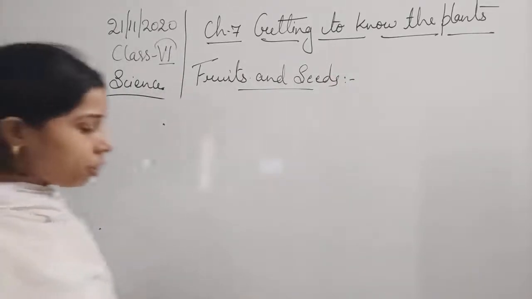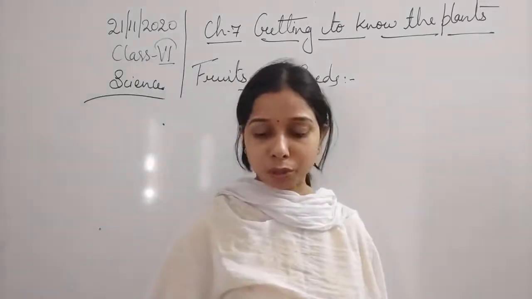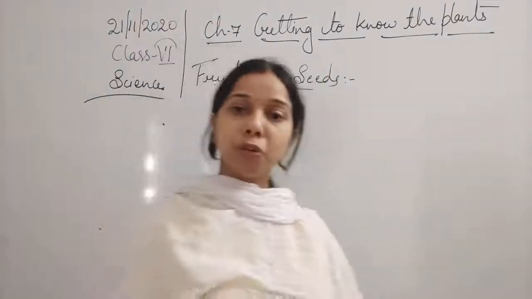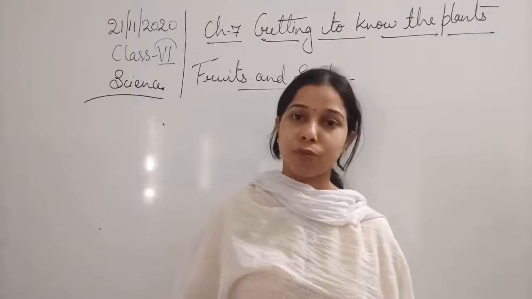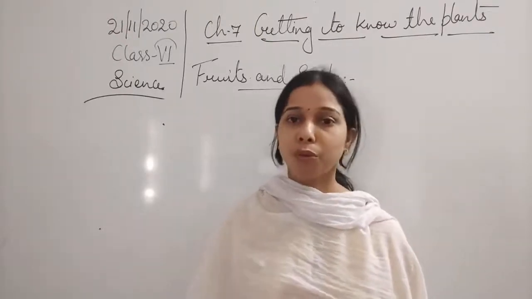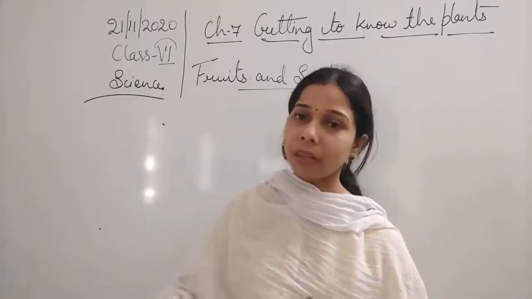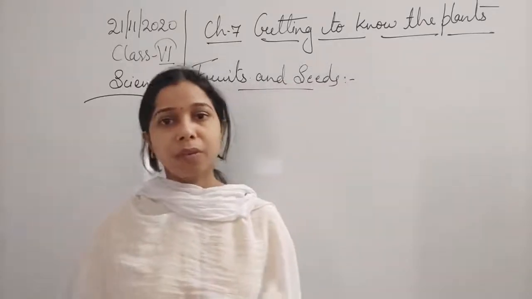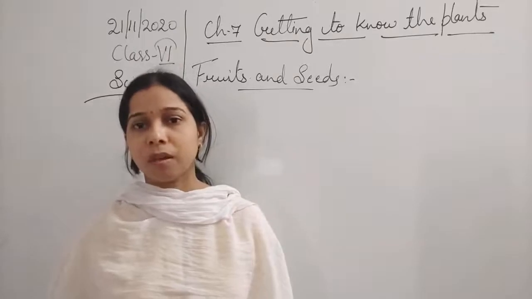Now you see, if we talk about fruits and seeds, we grow a plant to get the fruits. We wait for the plant to grow, to develop. Ultimately, we get fruit. Why are we doing all this? To get fruit also, right?